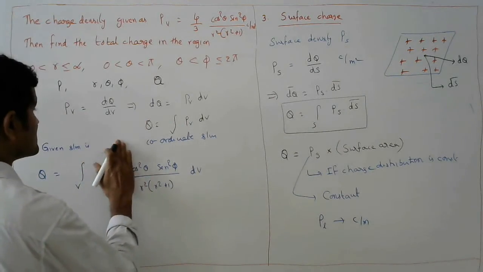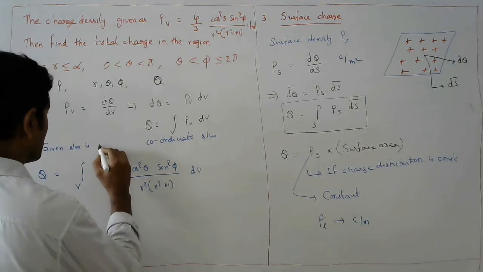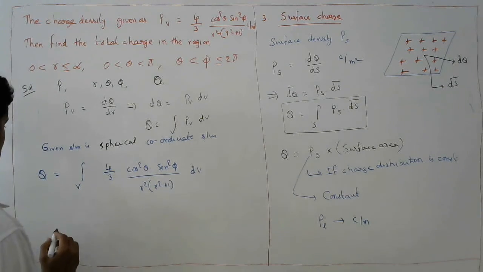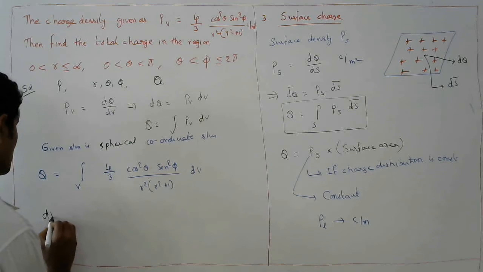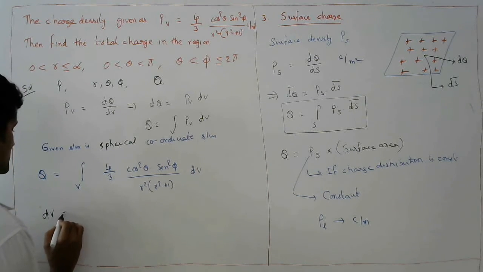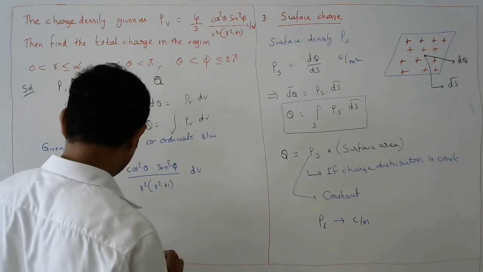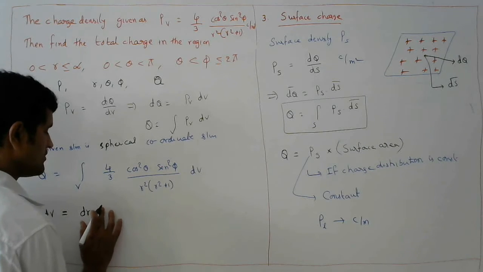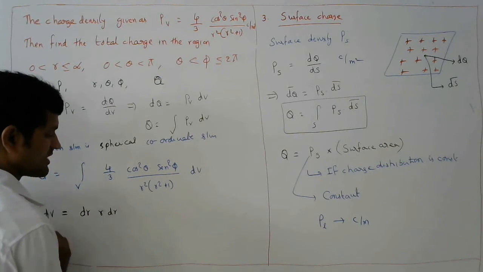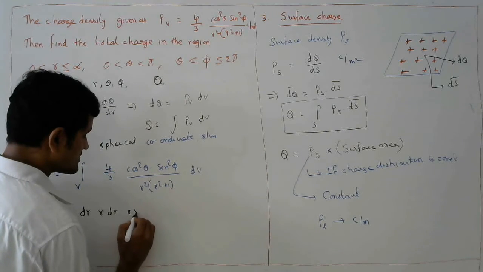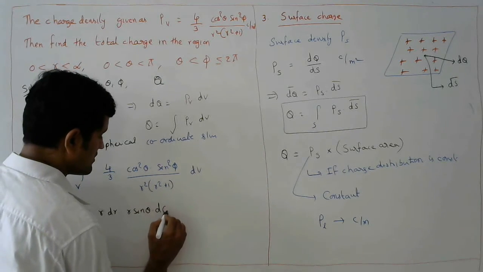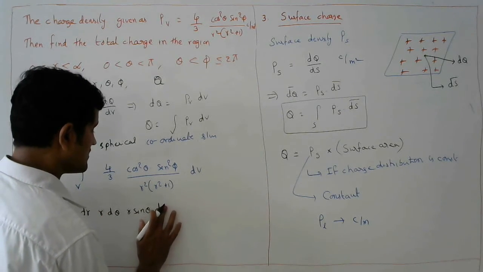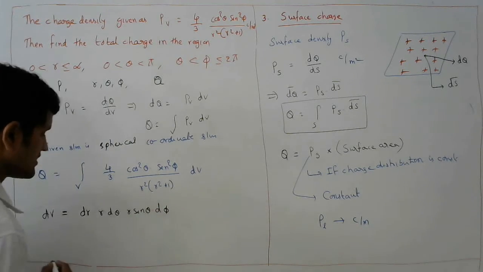It is a spherical coordinate system, so the differential volume is dr, into r d theta, into r sin theta d phi.